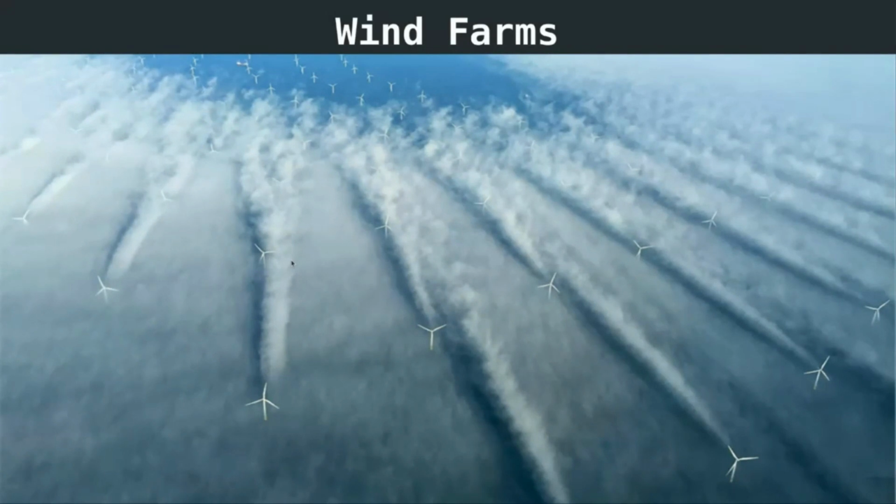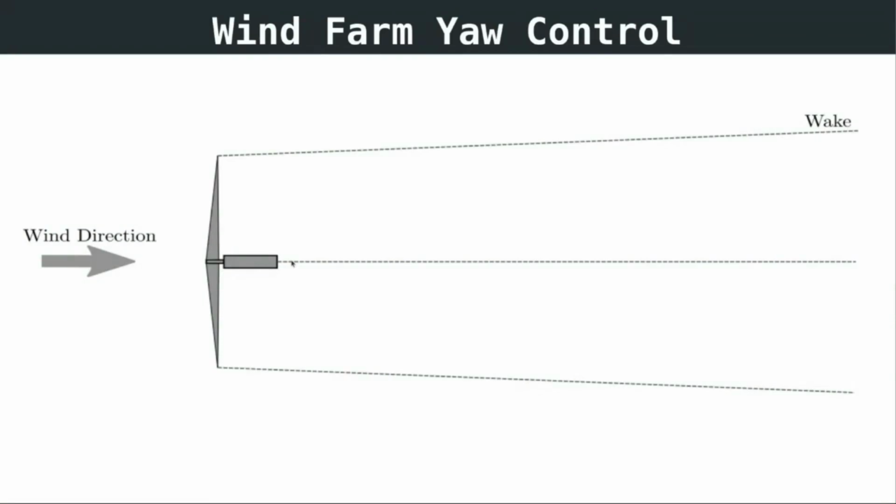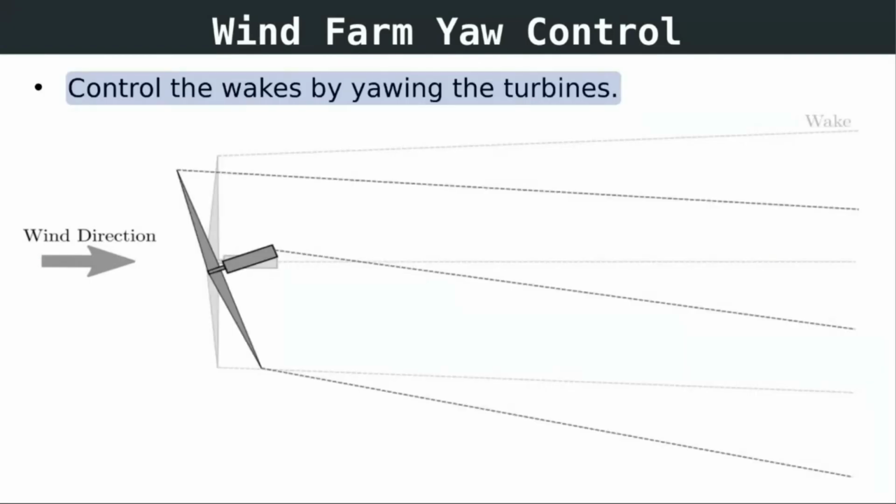So one thing we can do to mitigate this is control the yaw of the wind turbines. If we have a wind turbine with the wind coming from the left here, we can just change the angle of the wind turbine to move the wake position around behind the wind turbine. And so we can use a wind farm simulator with XCompact3D to simulate this effect.